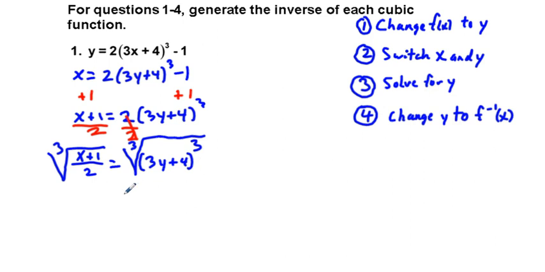And now on the right side equation, we have the cube and cube root cancel each other out, so we're left with 3y plus 4. On the left side, we have this big cube root of x plus 1 over 2.